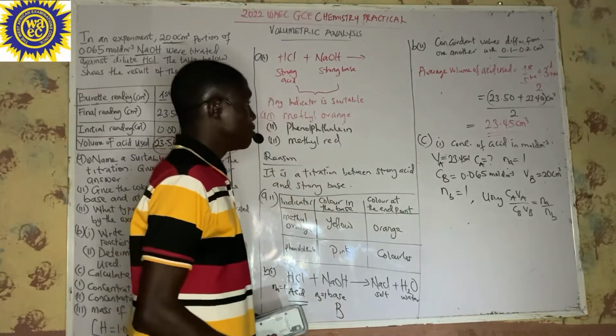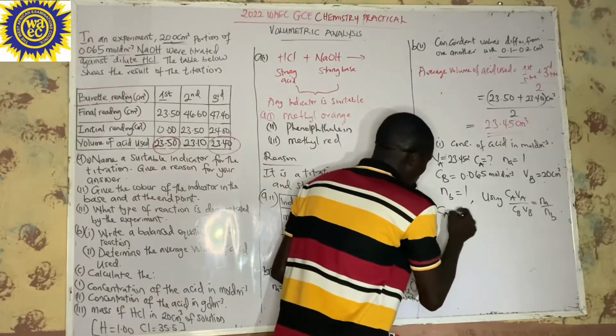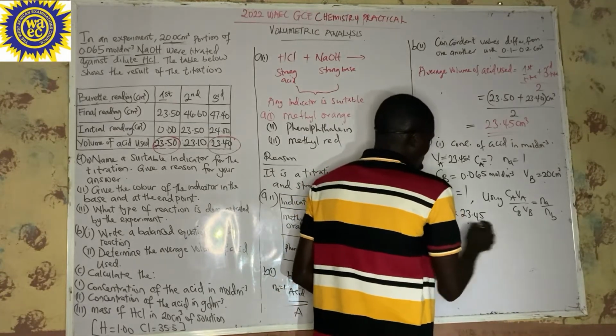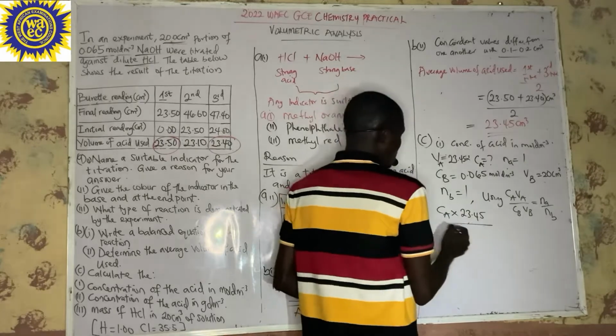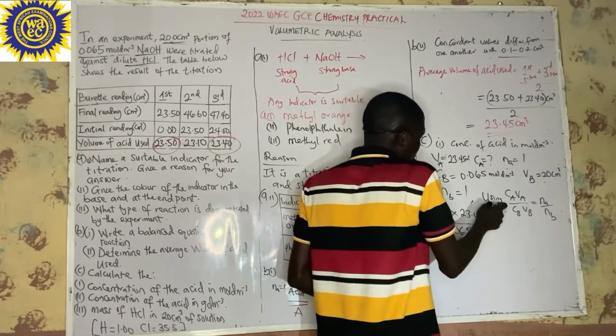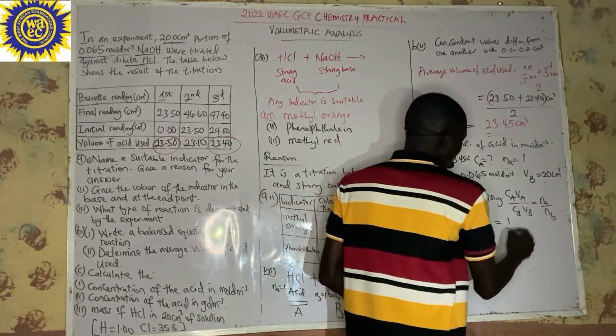So with that, we can substitute the parameters. CA is what we are looking for. CA times VA, 23.45, over your CB, which is 0.065, multiplied by your VB, which is 20, equal to 1 over 1.